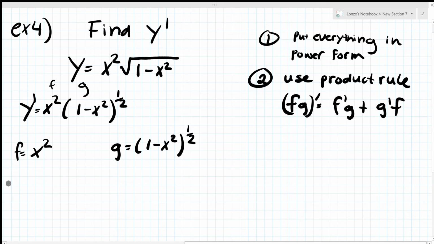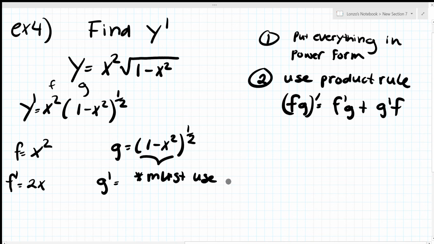So first, let me find f prime. f prime is 2x. And then for g prime, remember, you must use the power rule and chain rule if you want to find the derivative of this.